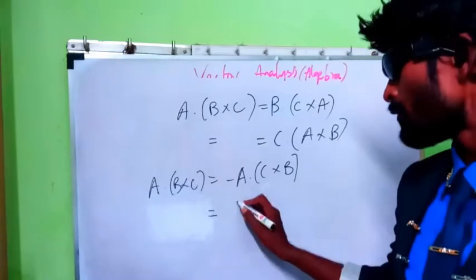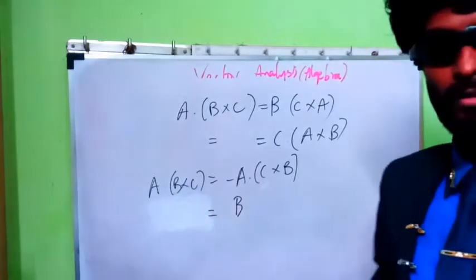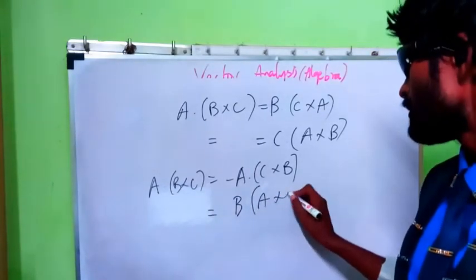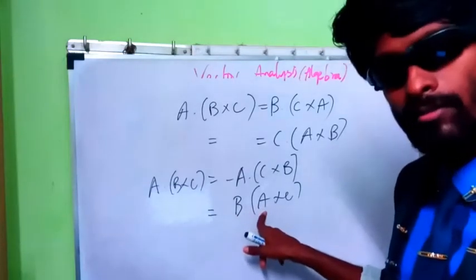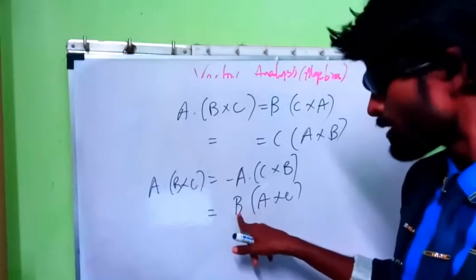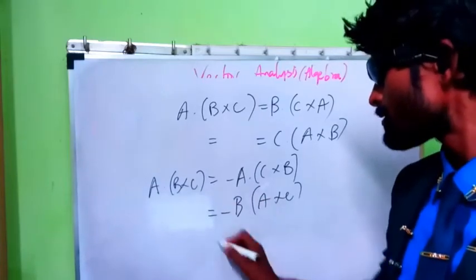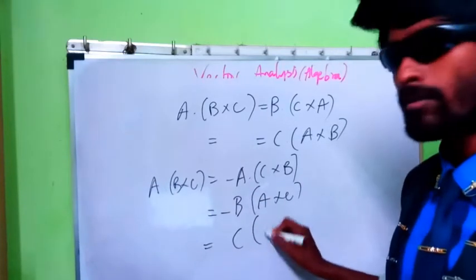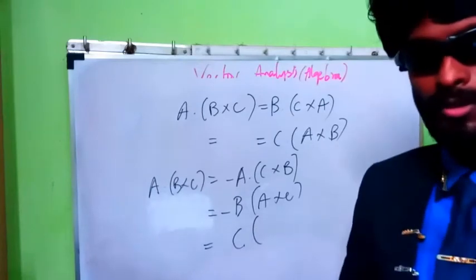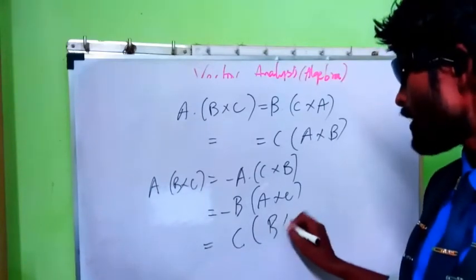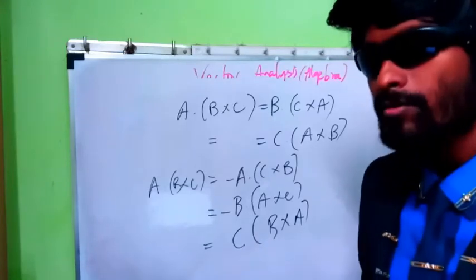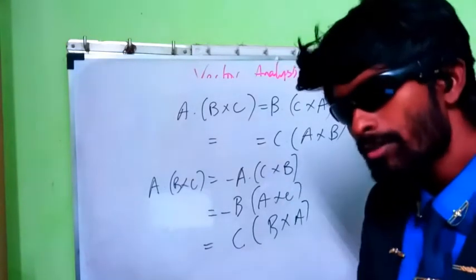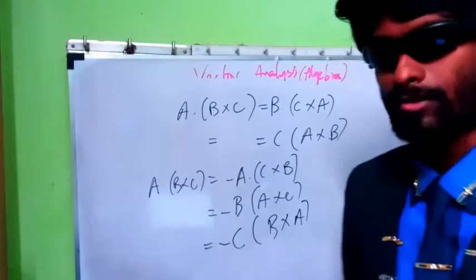If I write B dot A cross C, look here: after A comes B, after B comes C, but it's coming as A. That's the minus. It's equal to C dot B cross A. Is it C after B? No, C after A. That's right. So I've gone for the minus.